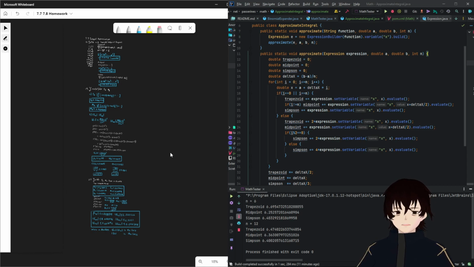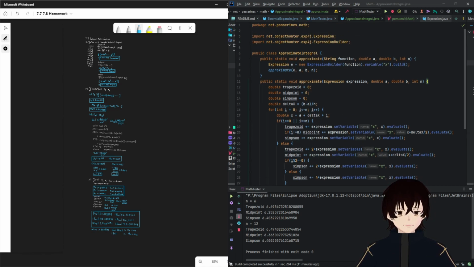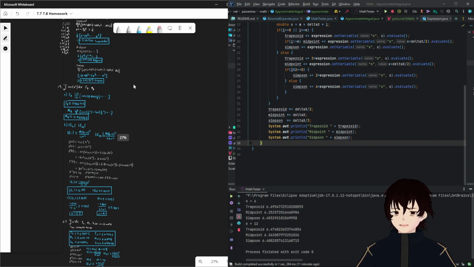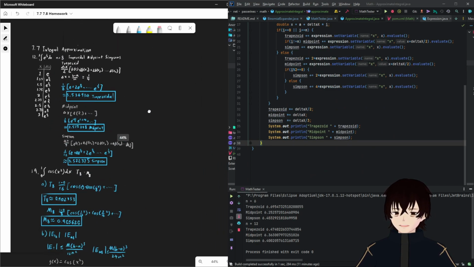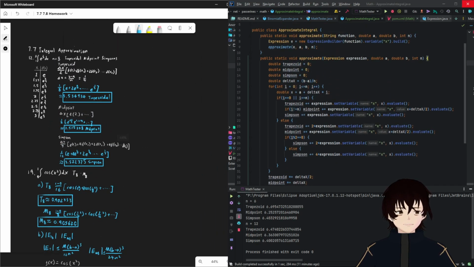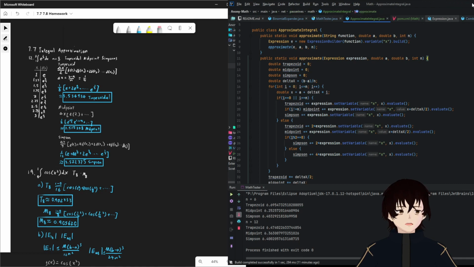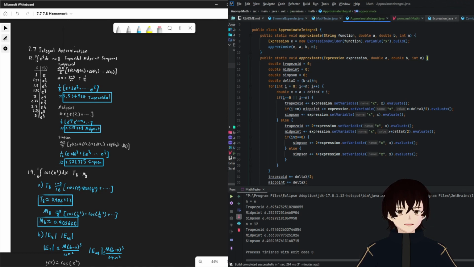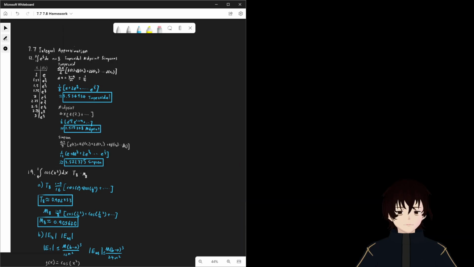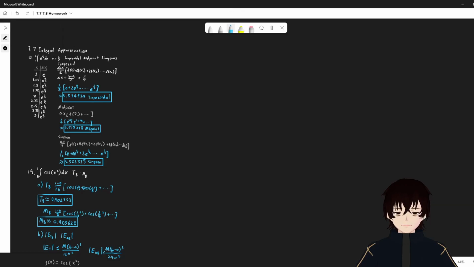Wait, that's it for 7.7? I wrote an entire calculator for this thing. You're only gonna let me use it on 3 questions? Aw, man. Oh, why can't I close IntelliJ? IntelliJ close. There we go. Now let's full screen this again.